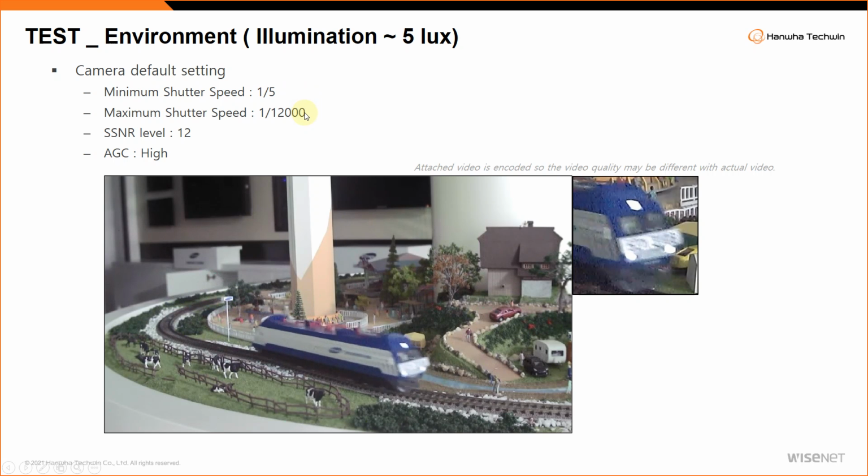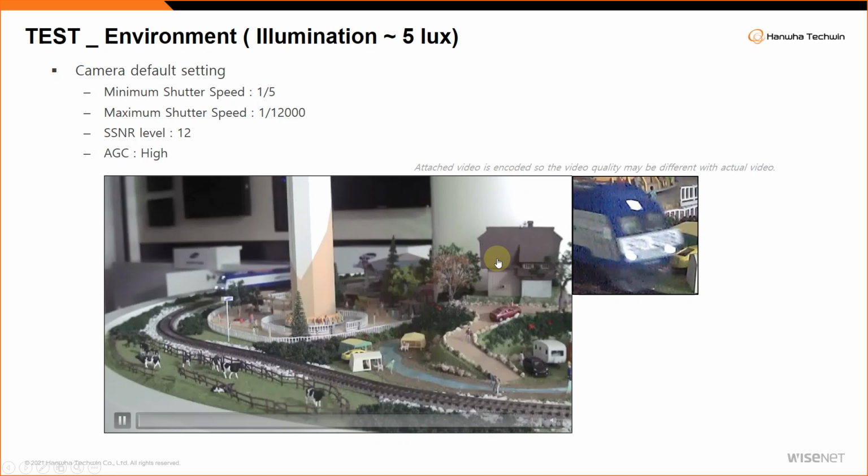That means in 1 second it is closing 5 times. What's the challenge? When I pause the image and take a closer look at the number plate, it's very blurry.